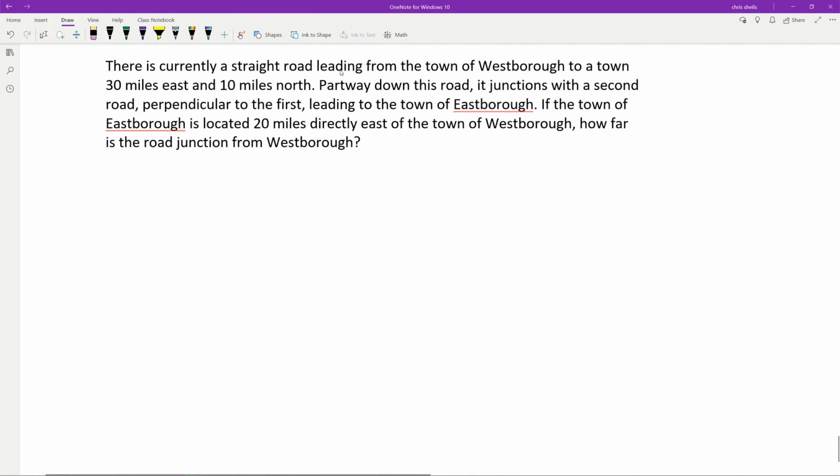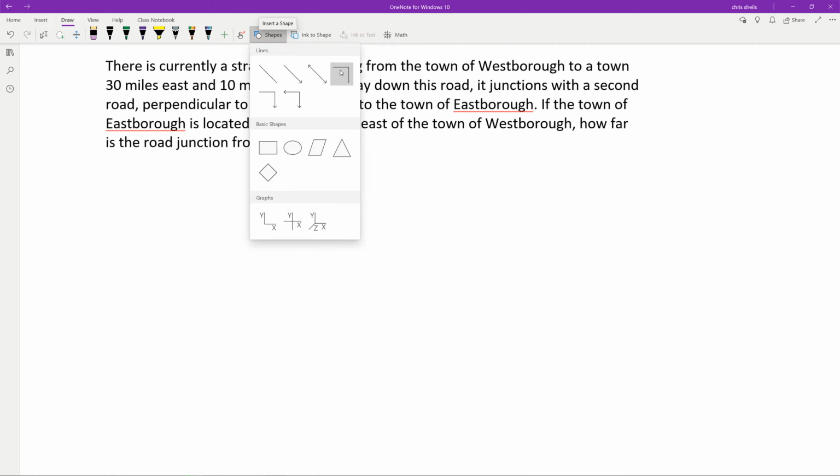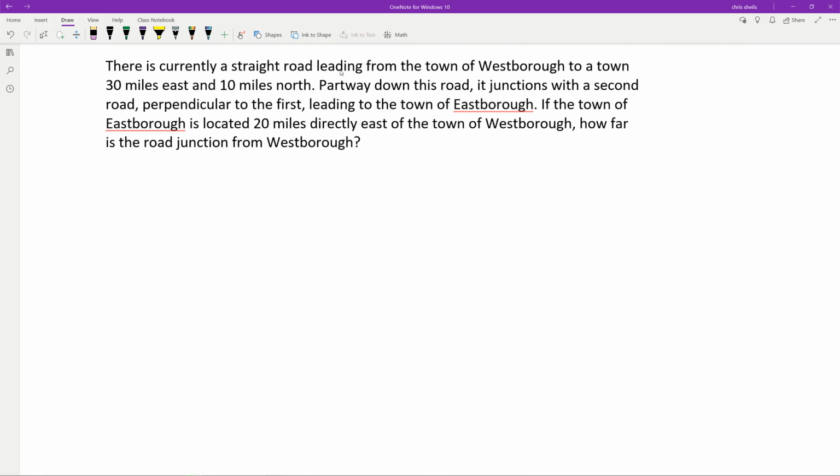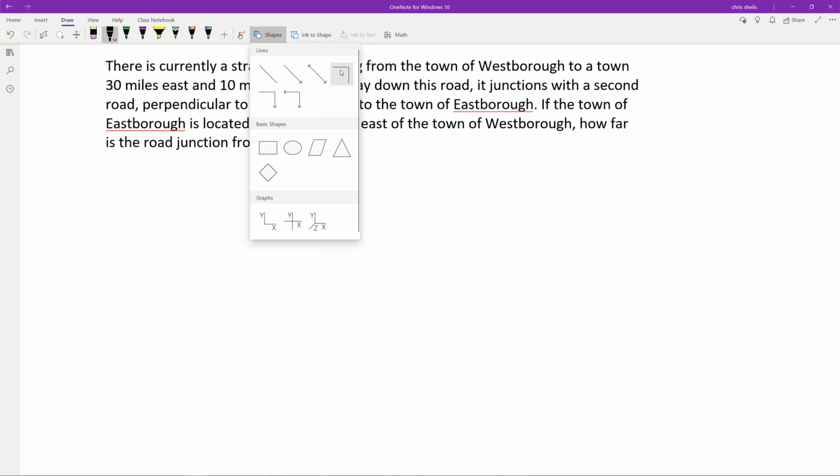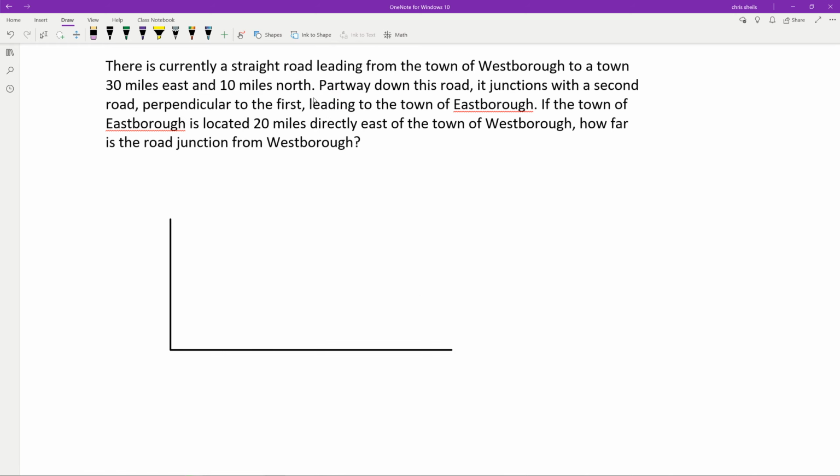So let's read through this again and draw a picture as we go. There's a straight road leading from the town of Westboro to a town 30 miles east and 10 miles north. So let's make a coordinate system here. I'm just going to define Westboro as being right here. I'm going to call it W, so I don't have to write out Westboro.